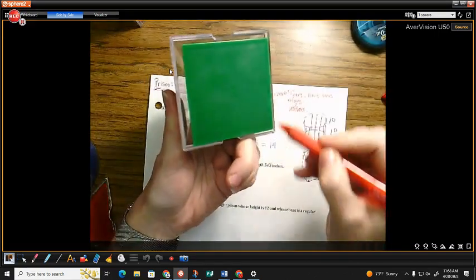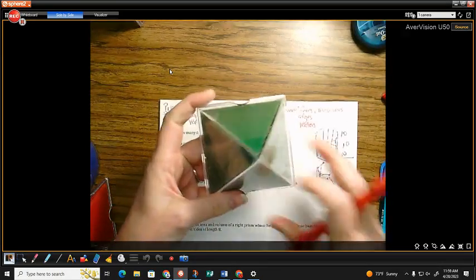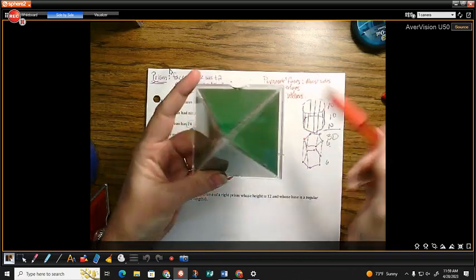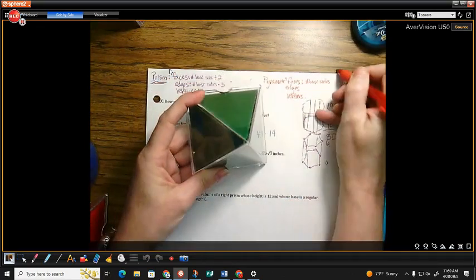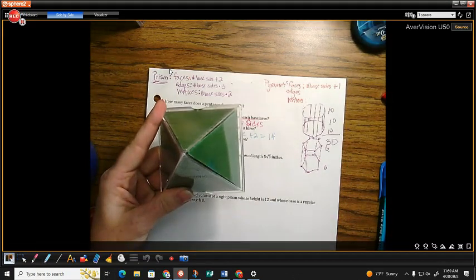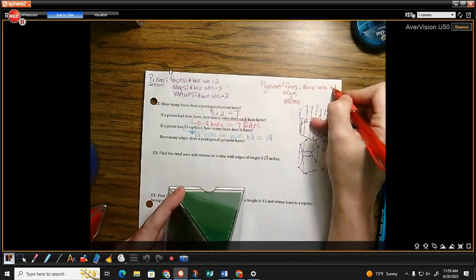If I have 4 sides on my base, how many triangles am I going to form? I'm going to form these 4 triangles. But then I need to count the base as a face, so I need to add 1. The number of base sides plus 1.